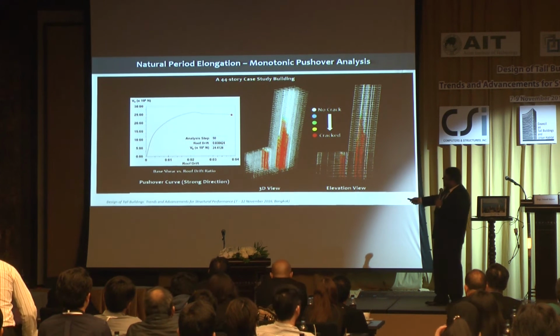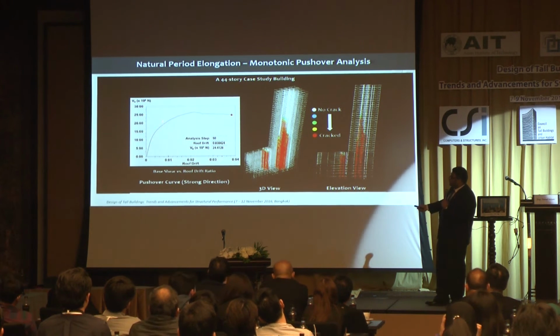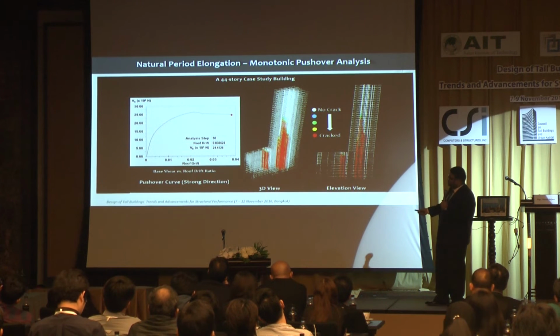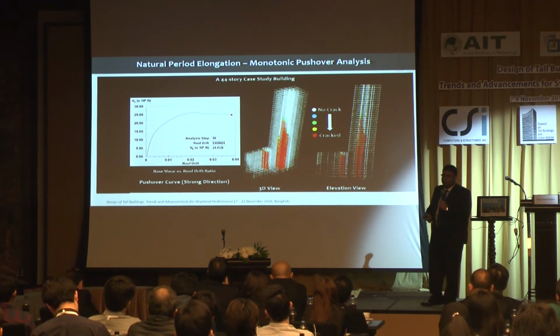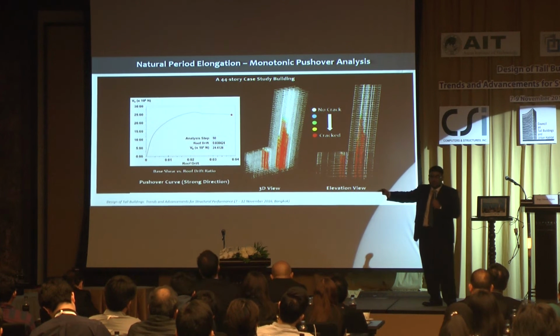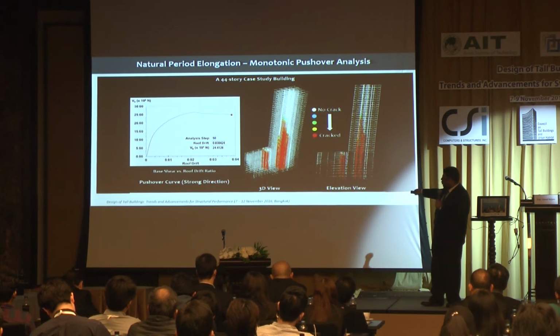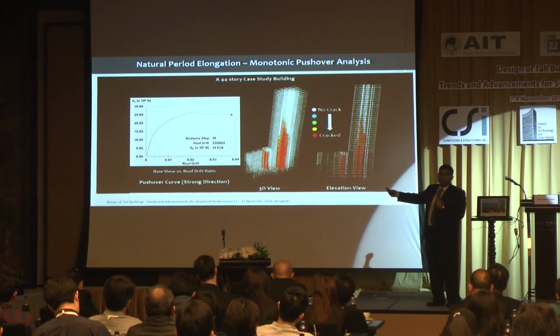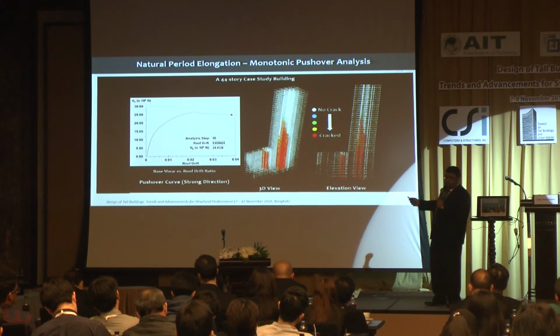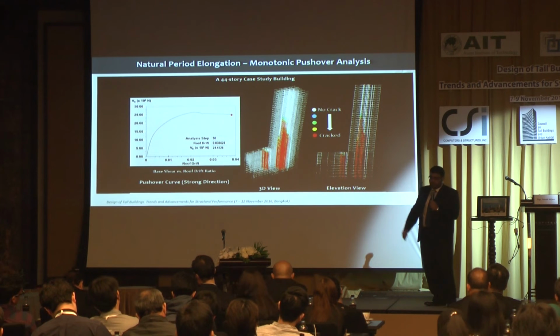So you can just convert the pushover curve into a secant stiffness versus roof drift ratio curve, and secant stiffness can be converted to time period. So you can convert this pushover curve into an elongated time period versus roof drift ratio curve. This is how we treated the period elongation, the simplest approach of equivalent linearization.